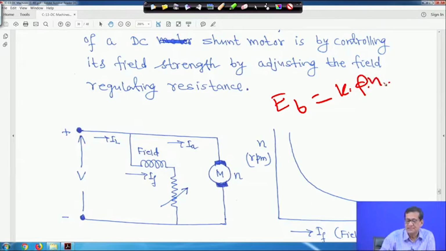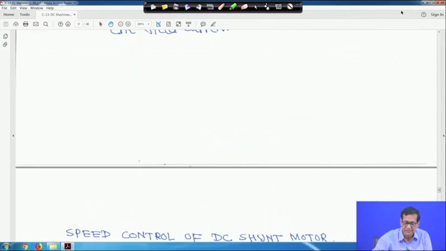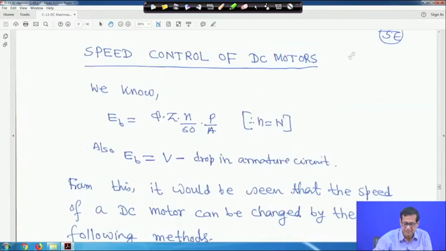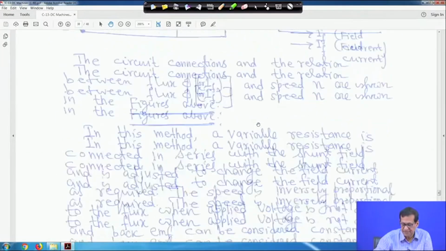So, k is the constant and this is the flux, and flux is proportional to the field current. So, here this is the expression, EB is equal to k into phi into n.